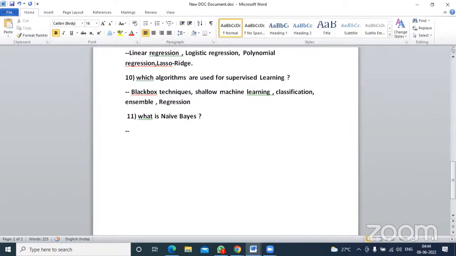It works on conditional probability. Yes, it works on Bayes theorem.